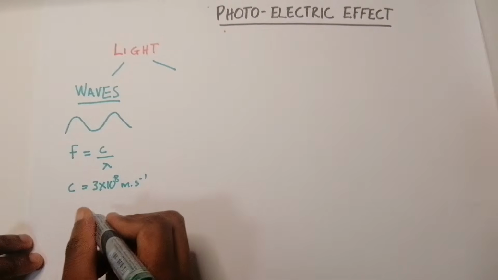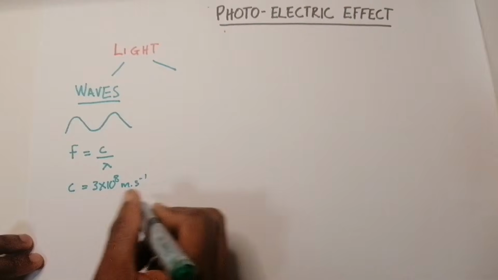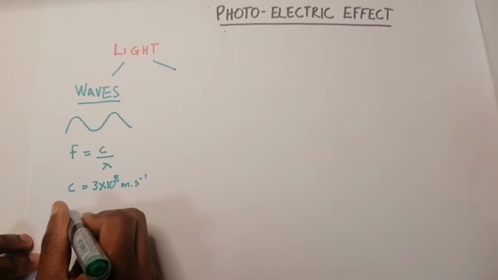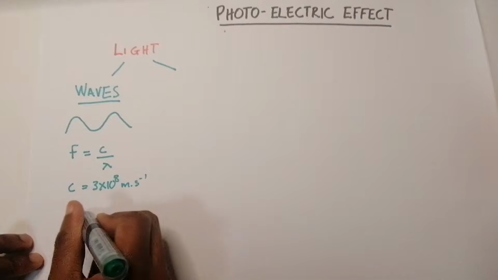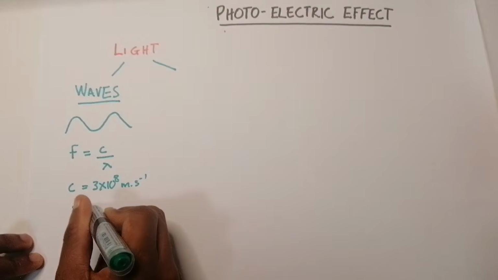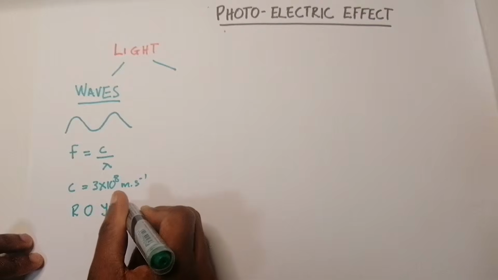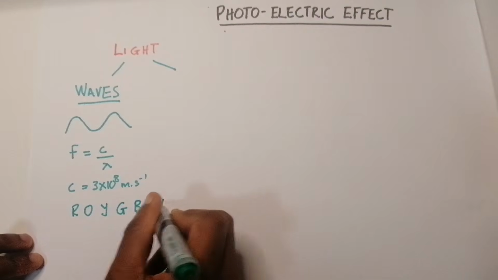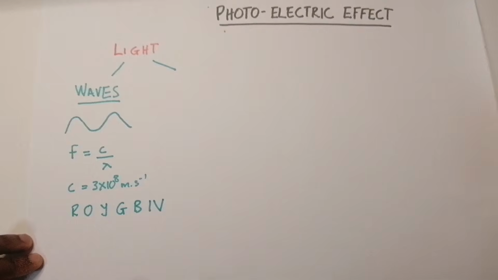Remember, when we're looking at the spectrum, say the visible spectrum, we've got red, orange, yellow, green, blue, indigo, if you think about it from the perspective of a rainbow.